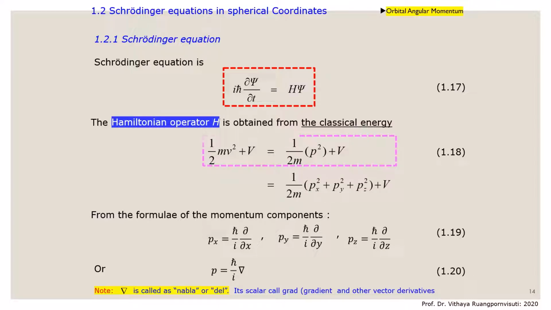Therefore, we can write the equation of the classical energy: half m v squared plus the potential V is equal to 1 over 2m of p squared plus the potential energy V, and we obtain the summation of the momentum squared of each component px, py, and pz, as shown.